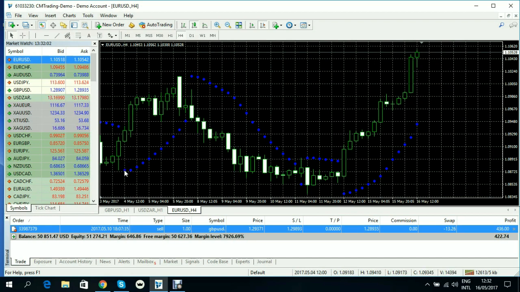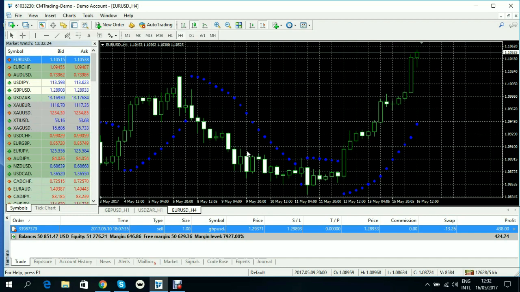And if you are buying, immediately the dots appear above the price candlestick, you take your buy profit so that you can follow the sell trend.